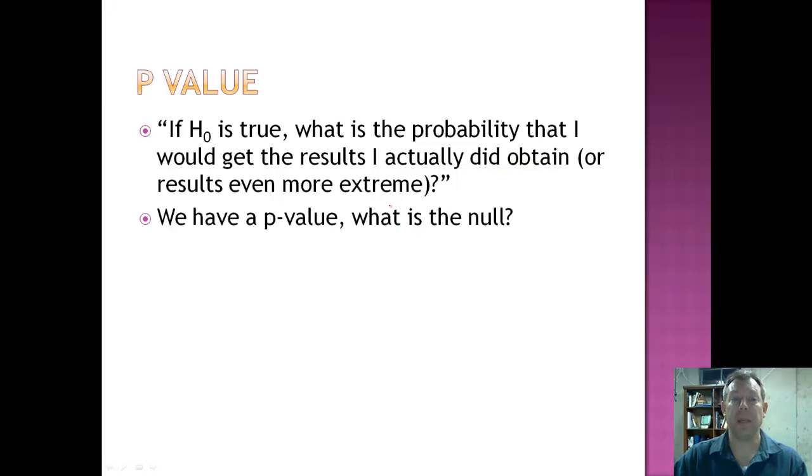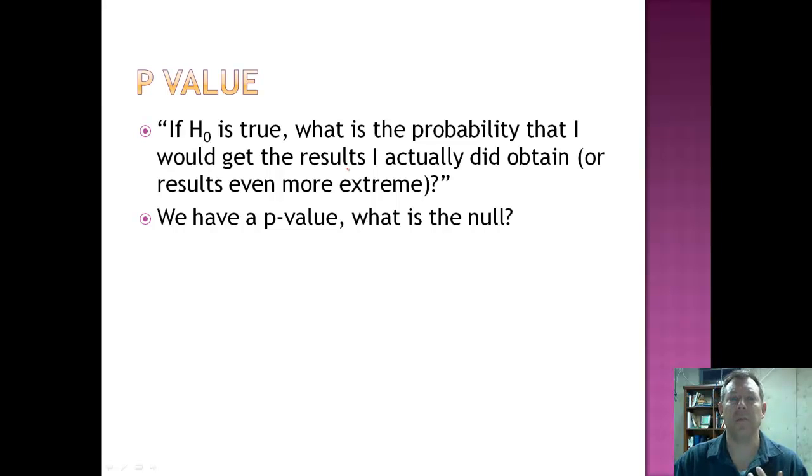So we have a p-value, and it's very, very low. It's extremely, extremely low, far, far less than 1%. So it's saying, if the null is true, what's the probability that I would get the results I actually did obtain, or results even more extreme? Well, that probability is 0.000001 something.